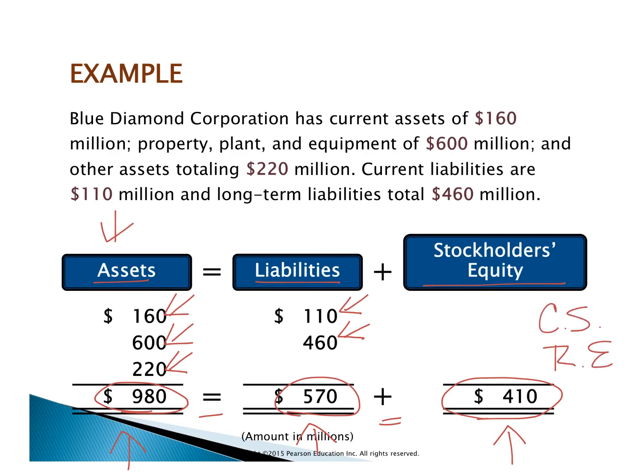If the company issued $45 million in common stock, how much would they have in retained earnings? Well, we merely subtract the $45 million from the 410 to arrive at retained earnings of $365 million. And that concludes this podcast on the accounting equation and its elements.